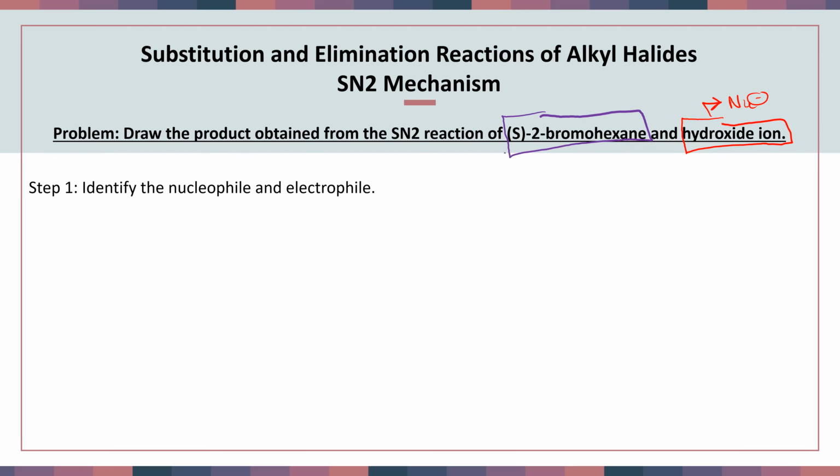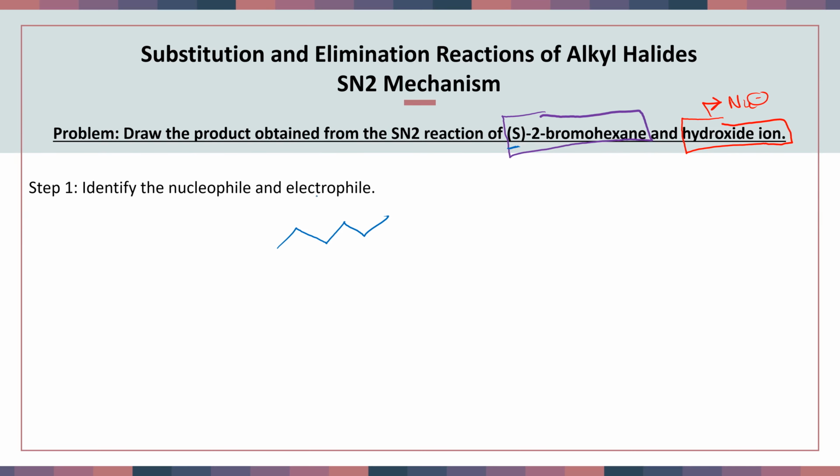It may be easier to draw the Lewis structure of your reactants in this problem so that you can visualize the stereochemistry. Our stereochemistry is S. So let's start by drawing hexane.